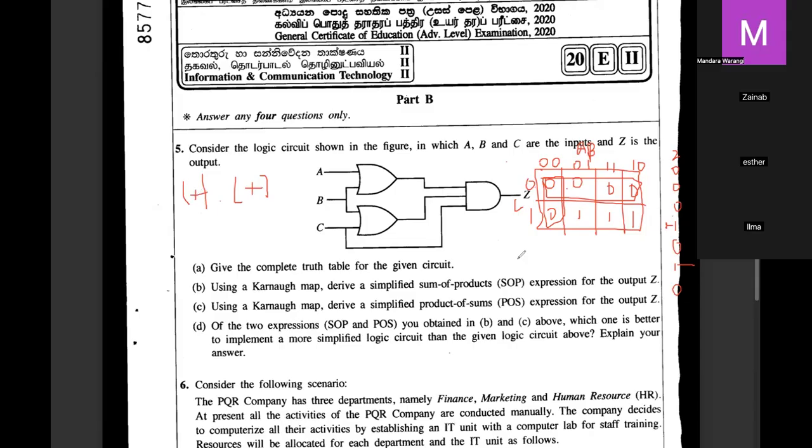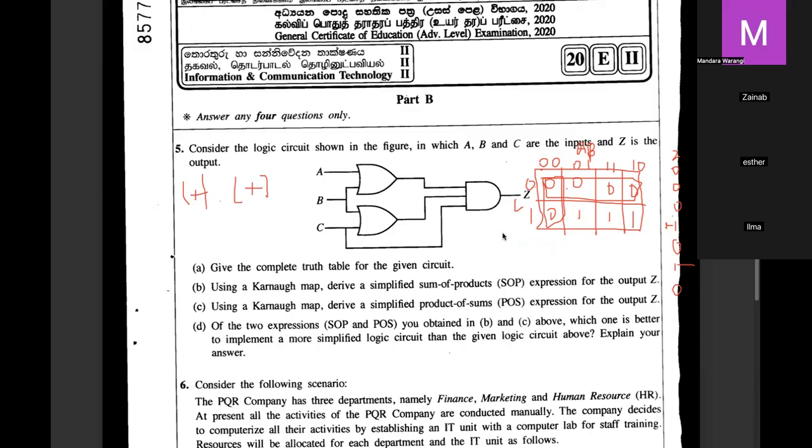In POS, if the value is 0, we take it as A. If it is 1, we take it as A bar.